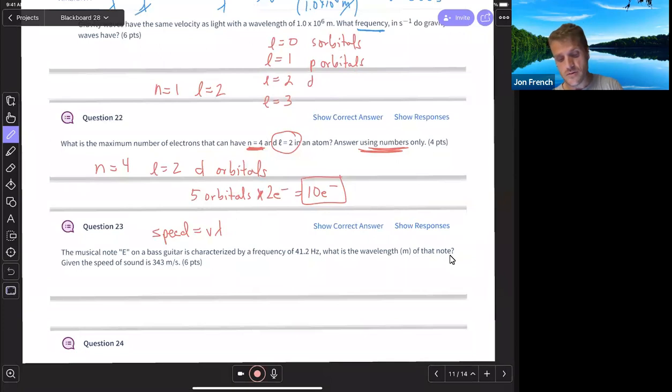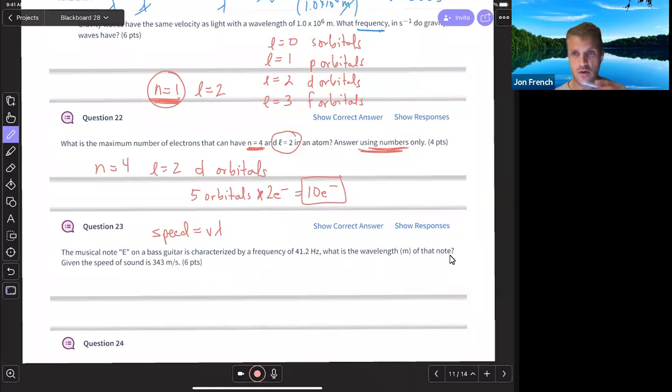When L is 2, those are our d orbitals. And when L is 3, that's talking about our f orbitals. All of this is in the periodic table as well. It's telling you at the first energy level, n equals 1, L is 0, we only have an s orbital and only an s orbital, no more. When n equals 2, we've got s and p orbitals. You see the same thing in the periodic table.